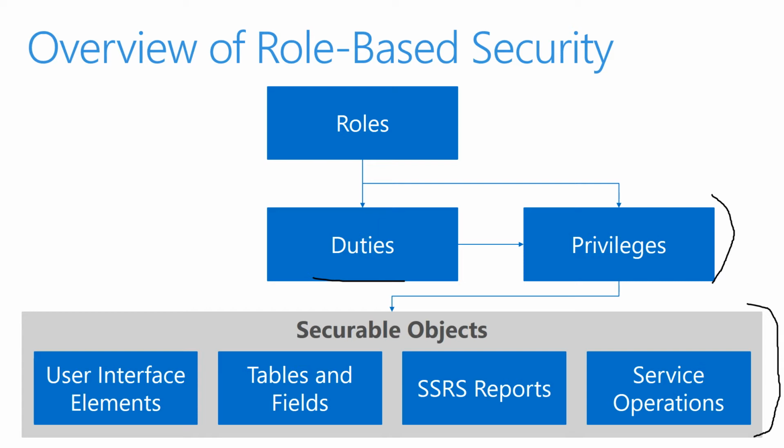Both duties and privileges can be assigned to a role, which is then used to grant access to a user in Dynamics 365 for Talent. Let's take a closer look at some of the role-based security features.